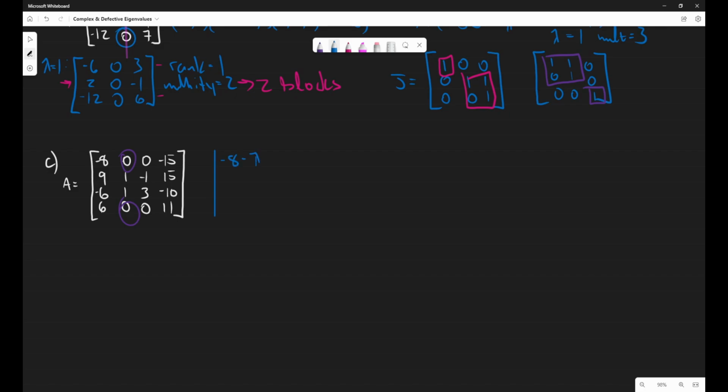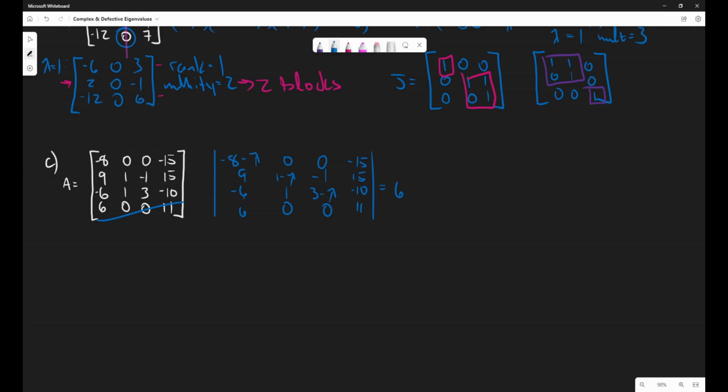-8 minus lambda, 9, -6, 6, 0, 1 minus lambda, 1, 0, 0, -1, 3 minus lambda, 0, -15, 15, -10, and 11. And so this is going to give us, actually, take that back. We're not going to go along this one. We're going to go along this one.